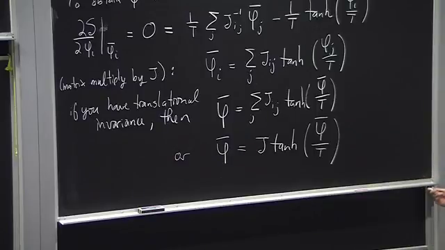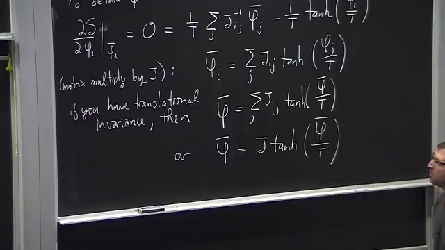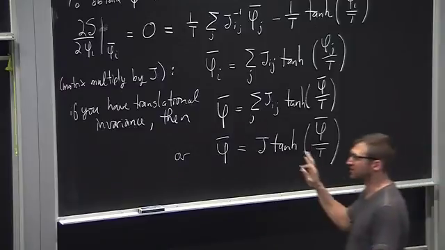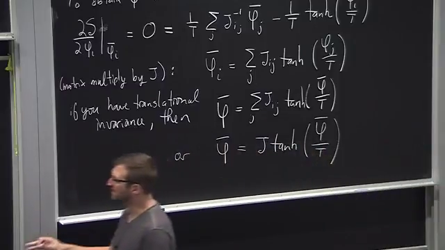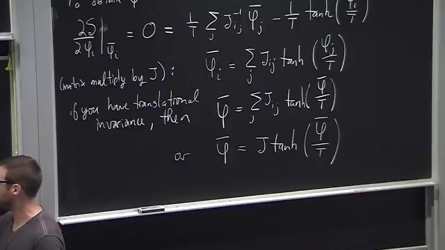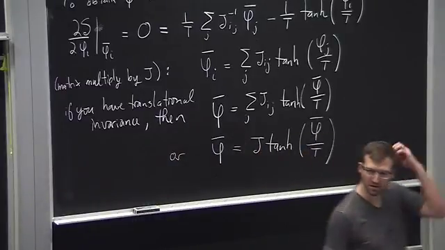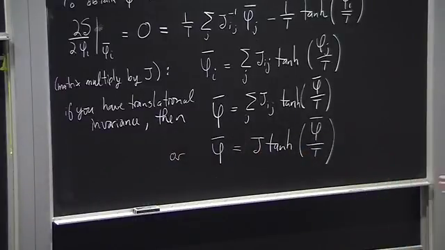It's just the mean field equation. So all this tells you is that by taking this approximation, the saddle point approximation, you recover mean field theory. So this is just a way, way more complicated way of getting exactly the same thing we already had.